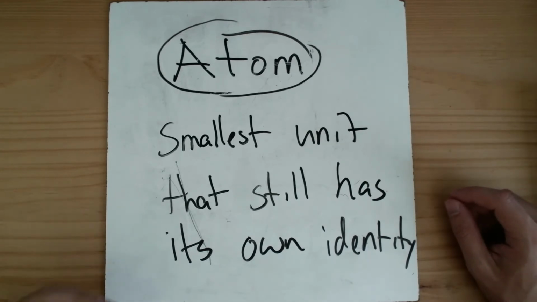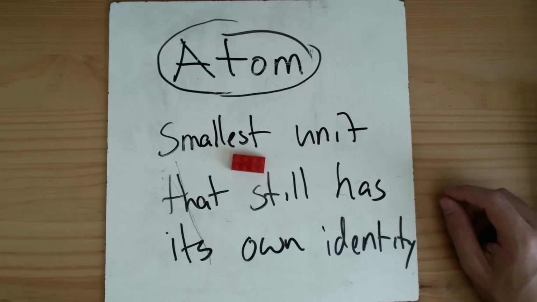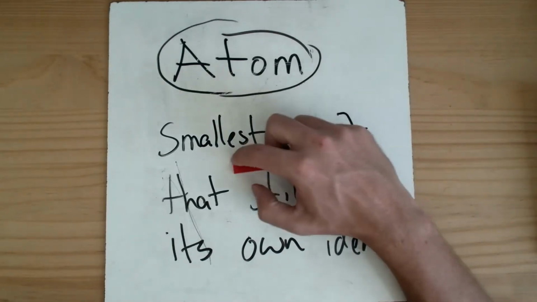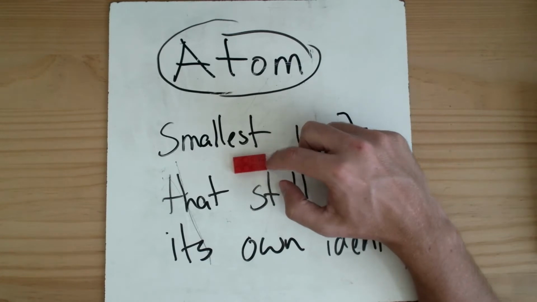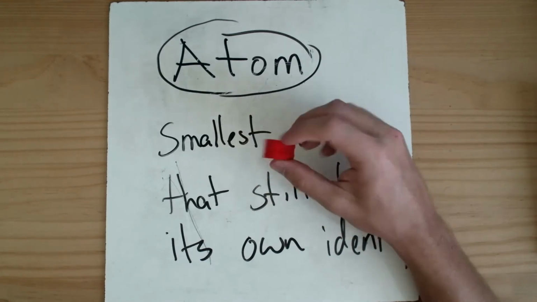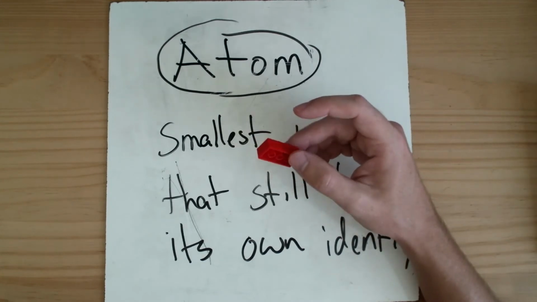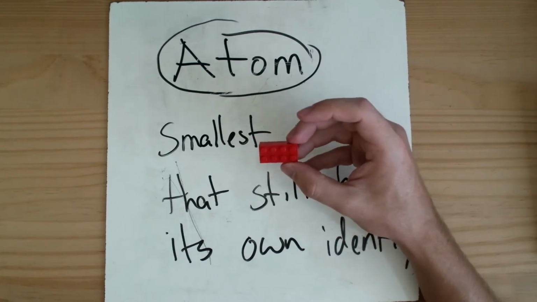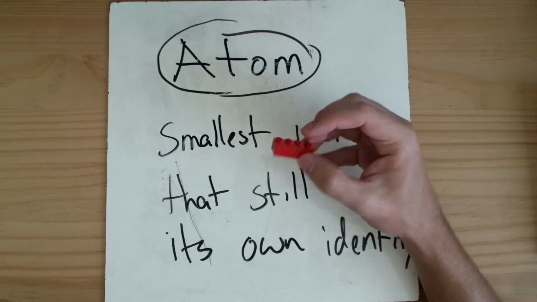So, kind of going back to my Legos example, let's say I have this red Lego brick right here. This red Lego brick is 4 long, 2 wide, so it's a 2x4 Lego brick. This has its own identity. I can say this is a 2x4 Lego brick. Every 2x4 red Lego brick looks just like this.